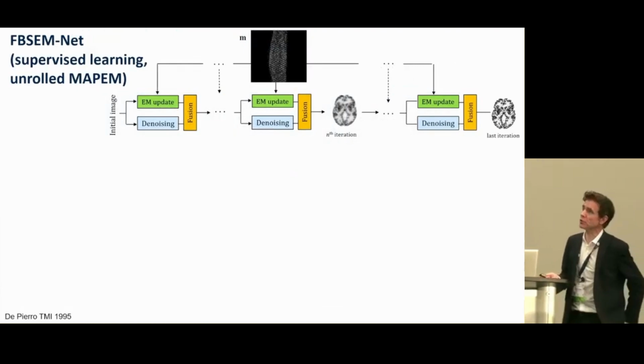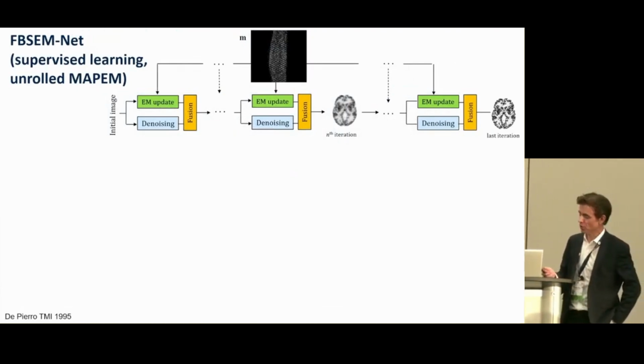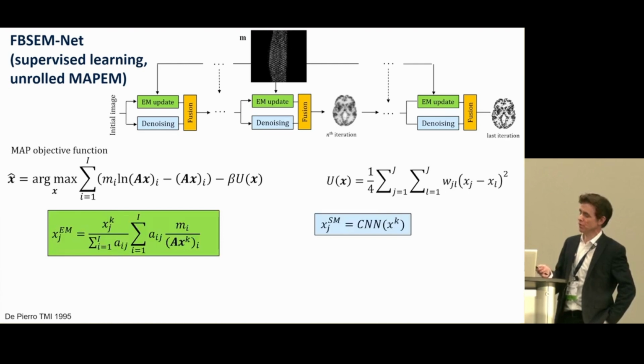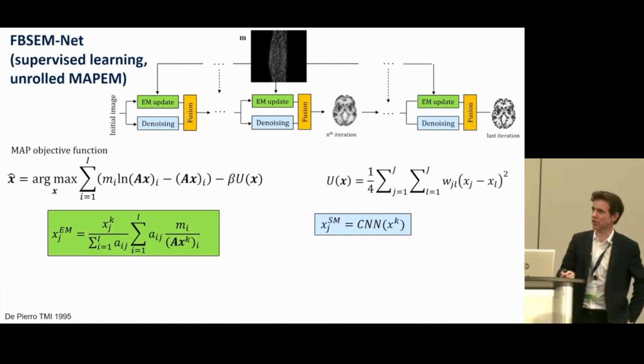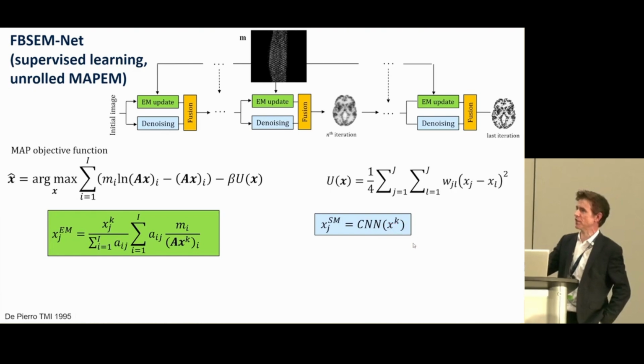So quickly then, let's look at how MAP-EM would be morphed into FBSEMnet. All we're doing is taking exactly what you just saw before, except we're replacing that U of X expression, in other words, the direction that would take us in a direction to reduce that energy. We're just going to replace that with a simple CNN. That's in essence what we've done.